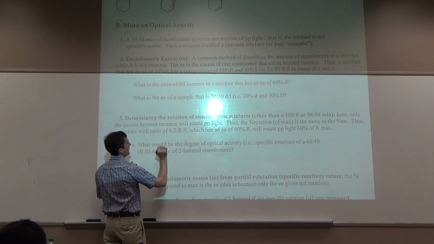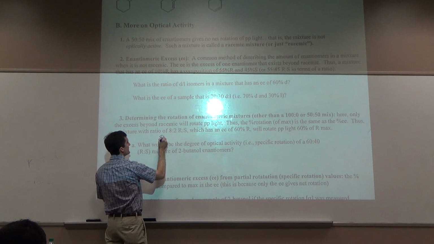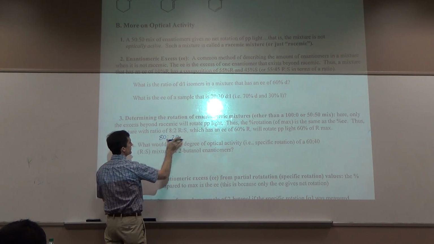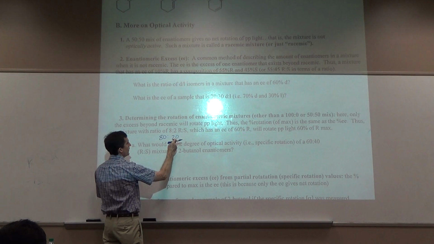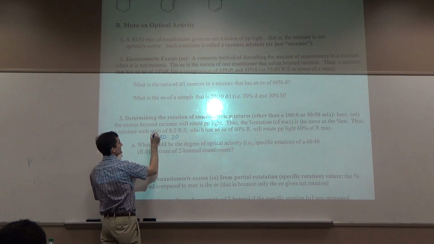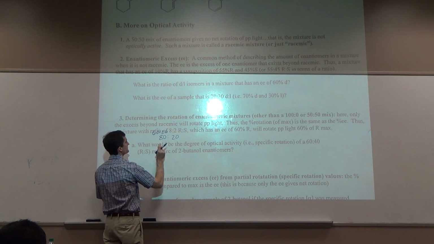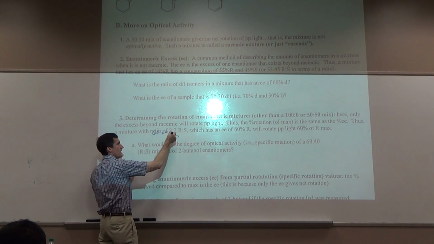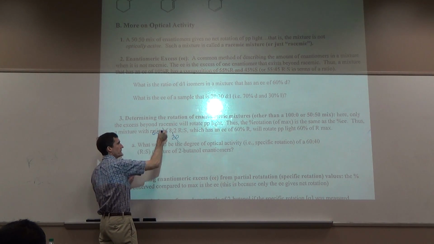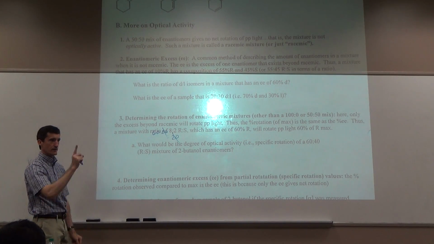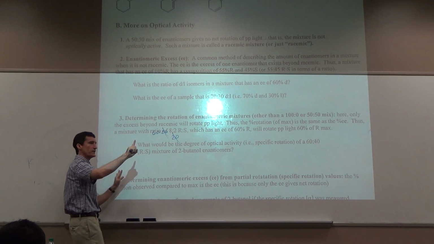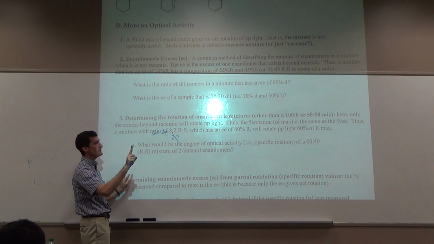Why? Well, this is 80%, 20%, right? 80-20. 20 cancels 20, so we can turn this into 60-20. In terms of rotation, this rotation will cancel that rotation, because 20 goes this way, the other 20 goes the opposite.